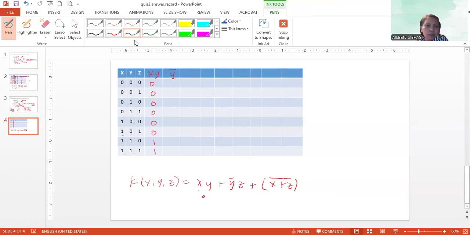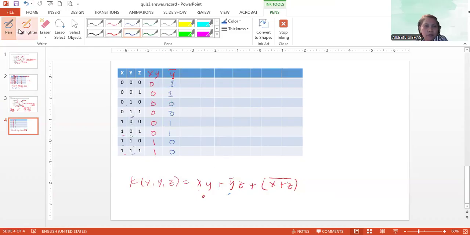So whatever the value here of y, y bar is the opposite. So we have here 0, 1, 0, 1, 1, 0, 1, 0. Okay, so we already have the value of our y bar.